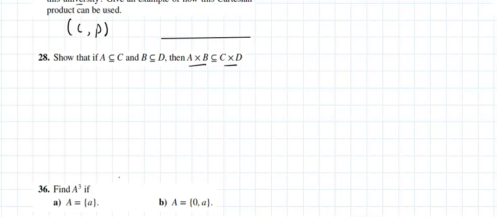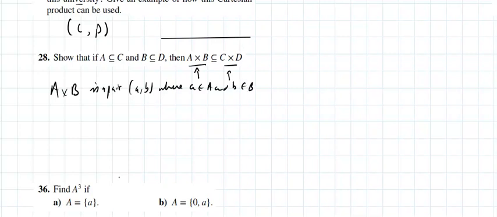Well, we need to show that every element in A cross B is also an element of C cross D. Well, by definition, if I look at A cross B, these would be all the pairs (a, b) where a belongs to A and b belongs to B.